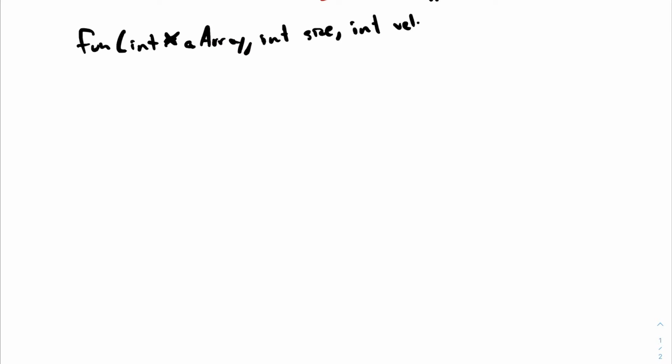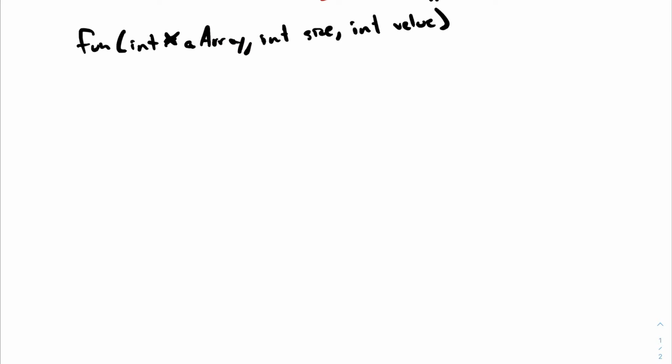So I'm going to have a function, and inside this function, it's going to look something like this. So this is an integer pointer called array. There's an integer size, which we can assume is the size of the data that's inside that array. And then there's a value here.